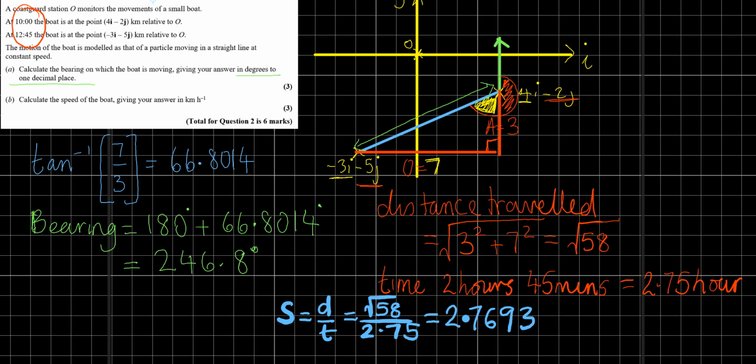Now we need to round our answer. So if we're going to round our answer, we would have 2.77, to 2 decimal places. So 2.77 kilometers per hour.